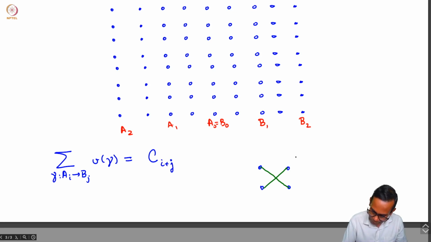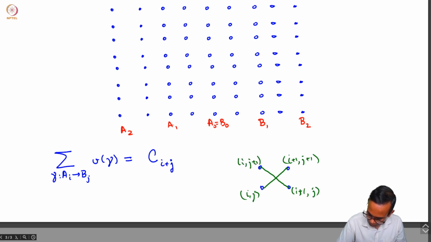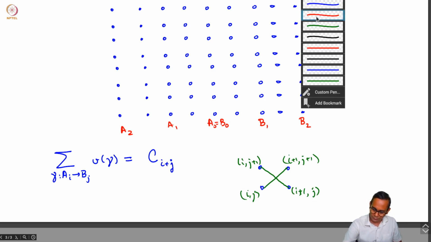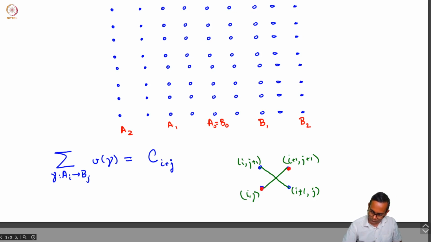However, whenever this happens, you notice that if this is the point (i, j), this is the point (i plus 1, j plus 1), this is the point (i plus 1, j), and this is the point (i, j plus 1). If you add the coordinates of these points, these two have the same parity, and these two have the same parity. The sum of the coordinates of these two red points has the same parity, and these have the same parity.